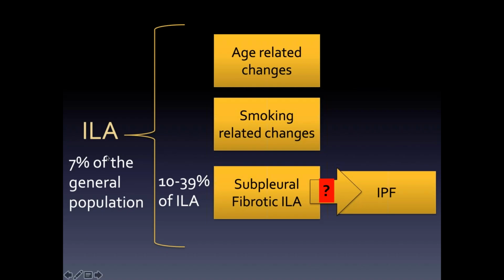And so we can say that ILA can be observed in around 7% of the general population when this population is around 60 years of age. Only a subset of patients have fibrotic ILA and then can develop IPF. And these are the group of subjects we can consider as already affected by a disease.